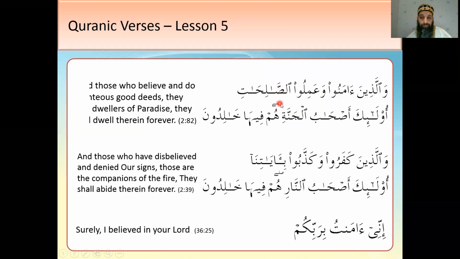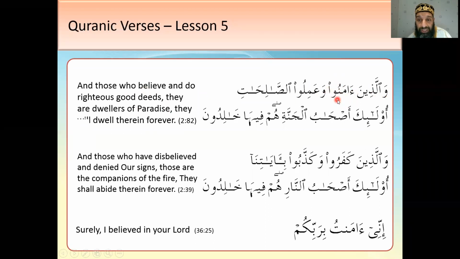Let's translate. وَالَّذِينَ, we've done that. And those. Amanu. What's amanu mean? We just done it today. Literally it means they believed. So it's translated in the present tense.